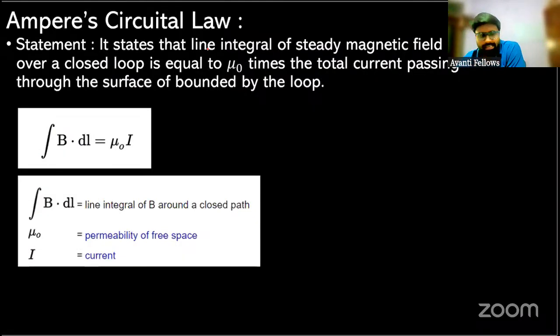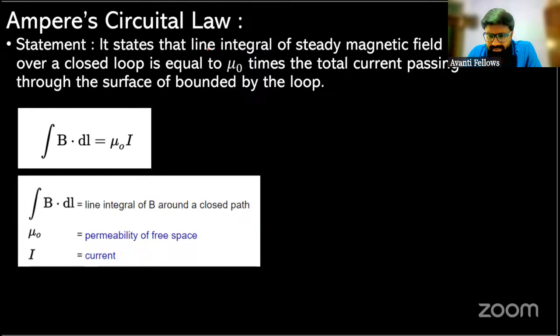Now we will talk about the Ampere circuital law. What is Ampere circuital law? Look, Ampere circuital law is similar to the Gauss law in electrostatics. So nothing much needs to be discussed, because we have a basic idea of Gauss theorem. What is the Gauss theorem?